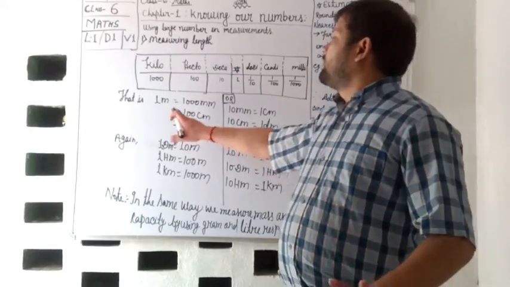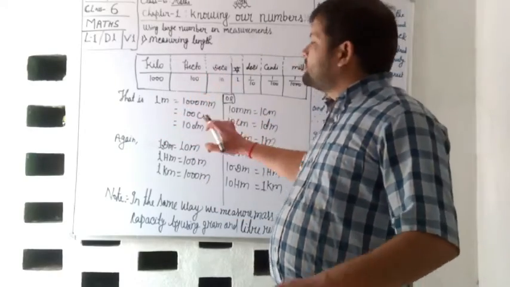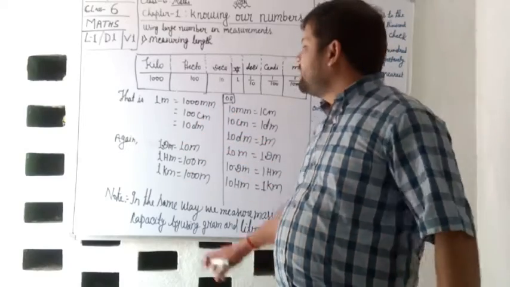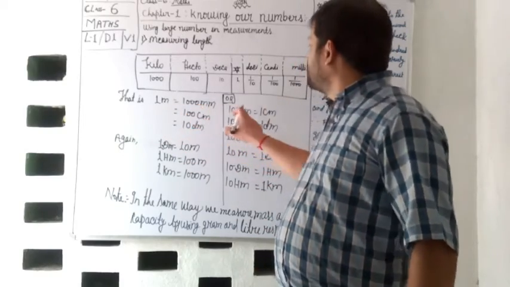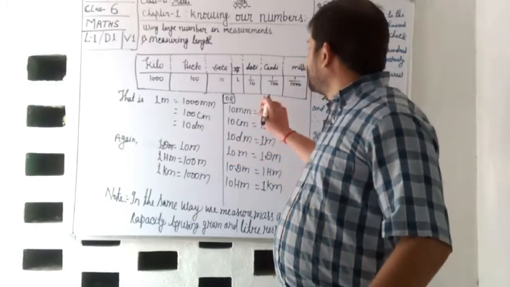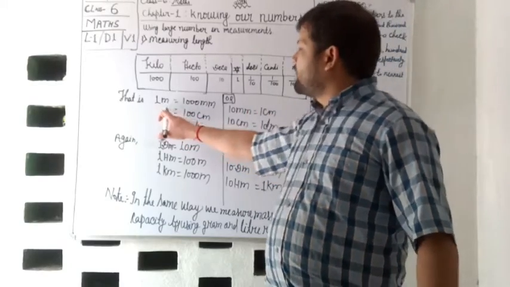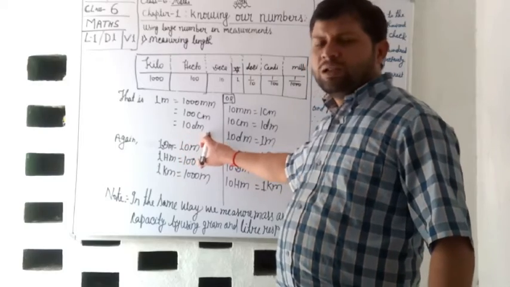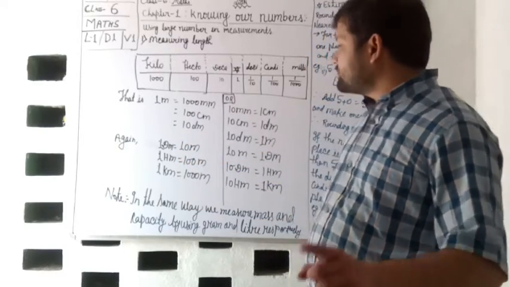By these tables we can remember: 1 meter is equal to 1000 millimeter, 1 meter is equal to 100 centimeter, and 1 meter is equal to 10 decimeter.